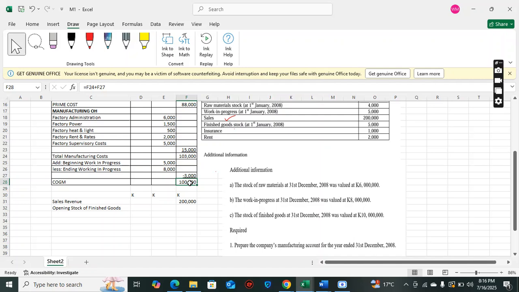Yes. So these goods, this 100,000 represents finished goods also, from raw material.